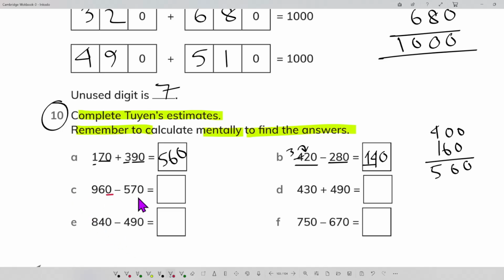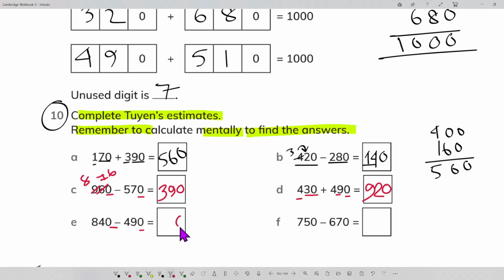Next, 0 minus 0, here is a 0. 6 minus 7 is not possible, so this one becomes 16. 16 minus 7 is 9, and this 9 becomes 8. So 8 minus 5 is a 3, so it's 390.